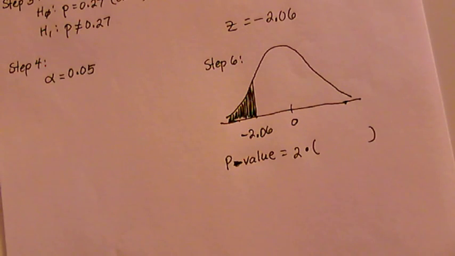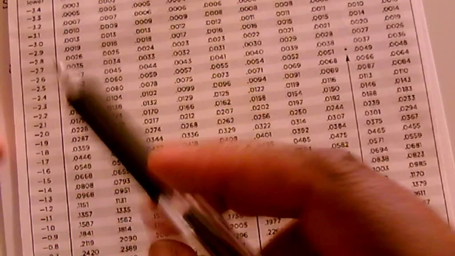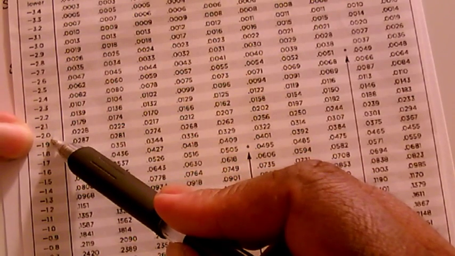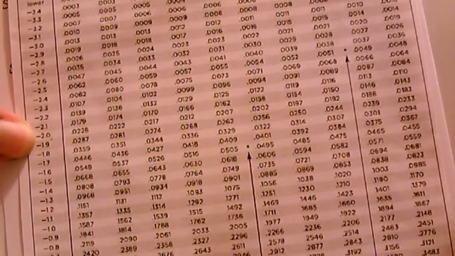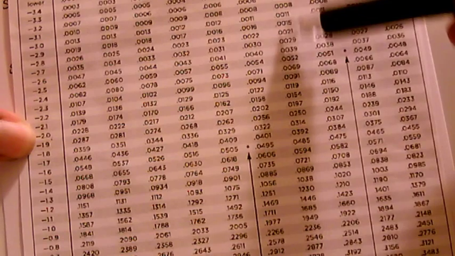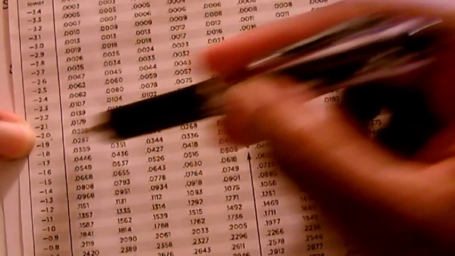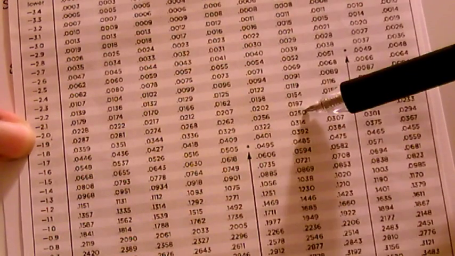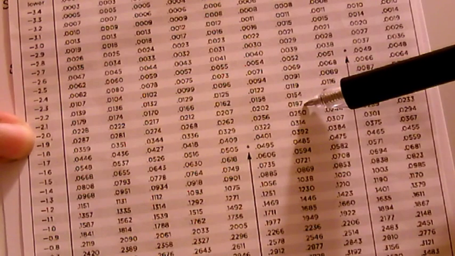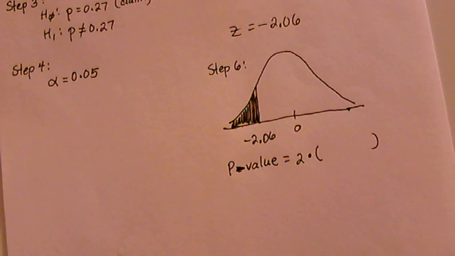Okay, so now for negative 2.06, so here's negative 2.0 right here, and 0.06 is this column right here. So if I read across and down, that would give me 0.0197. Okay?